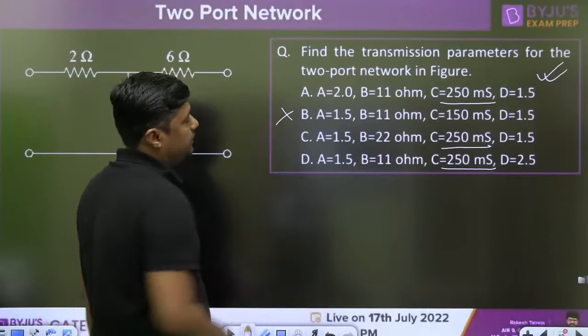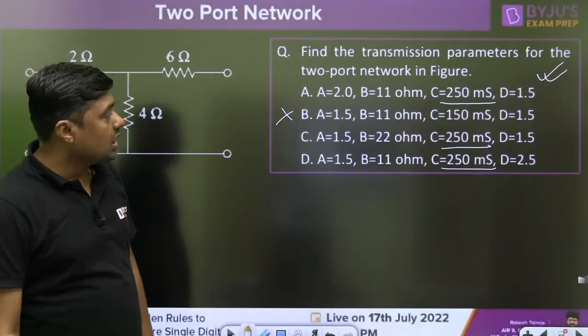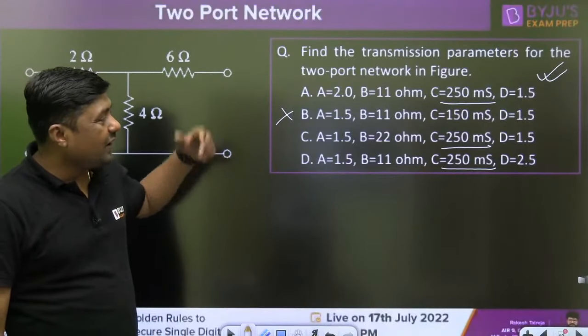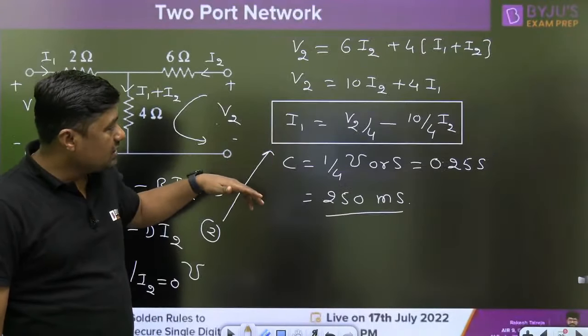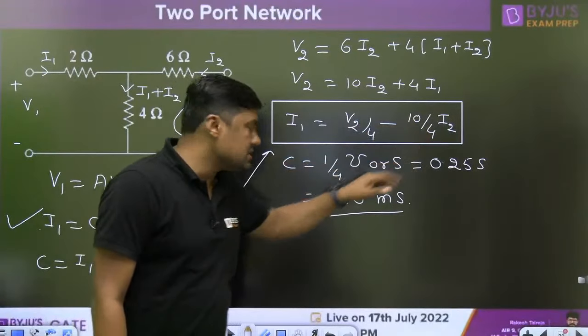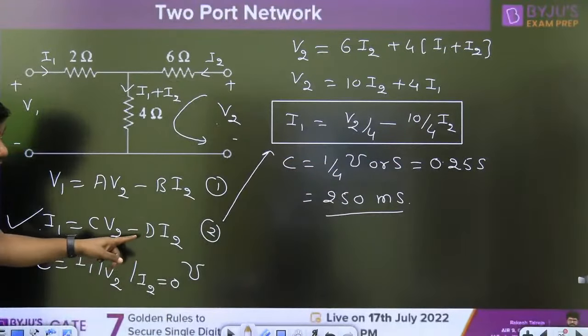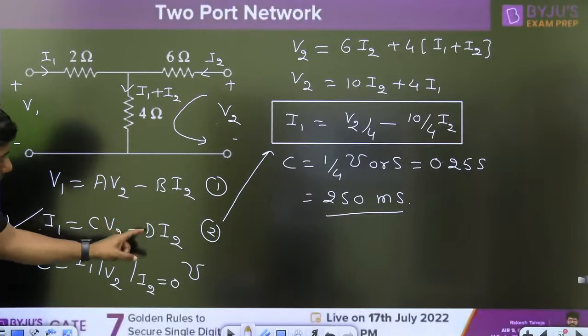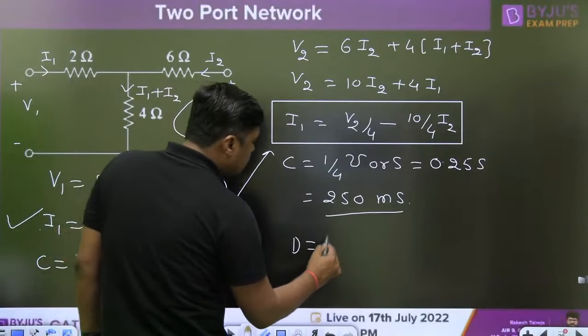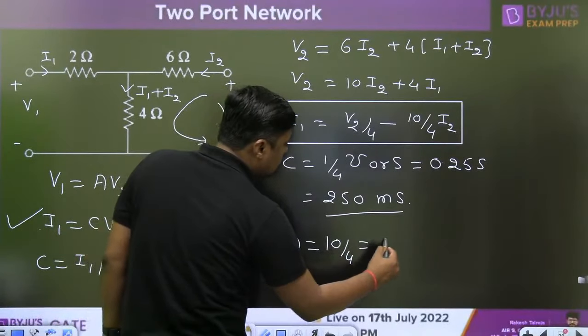B is not the correct one. Now we have to find another quantity. Another one is minus 10 by 4, which is nothing but minus D. Comparing these two equations, you get D. What is D? D is equal to 10 by 4, which is nothing but 2.5.